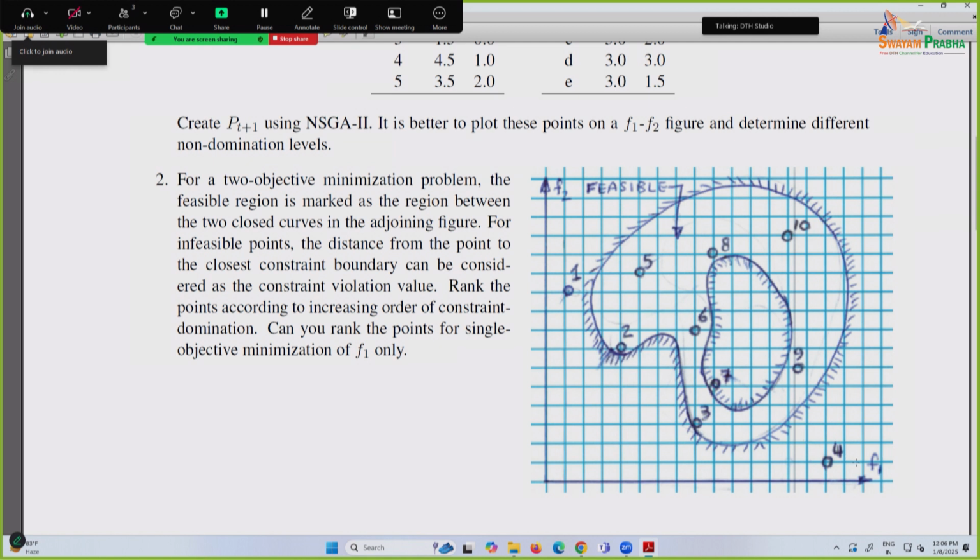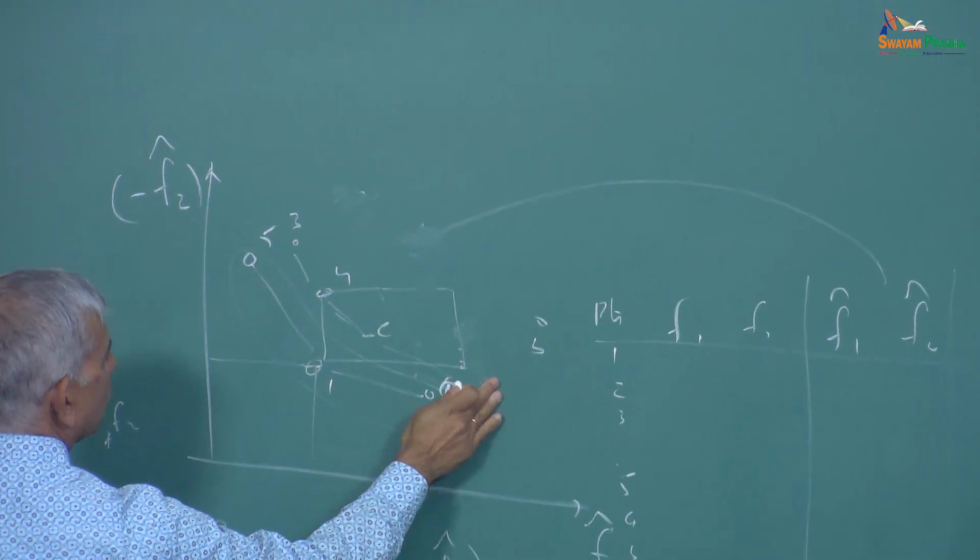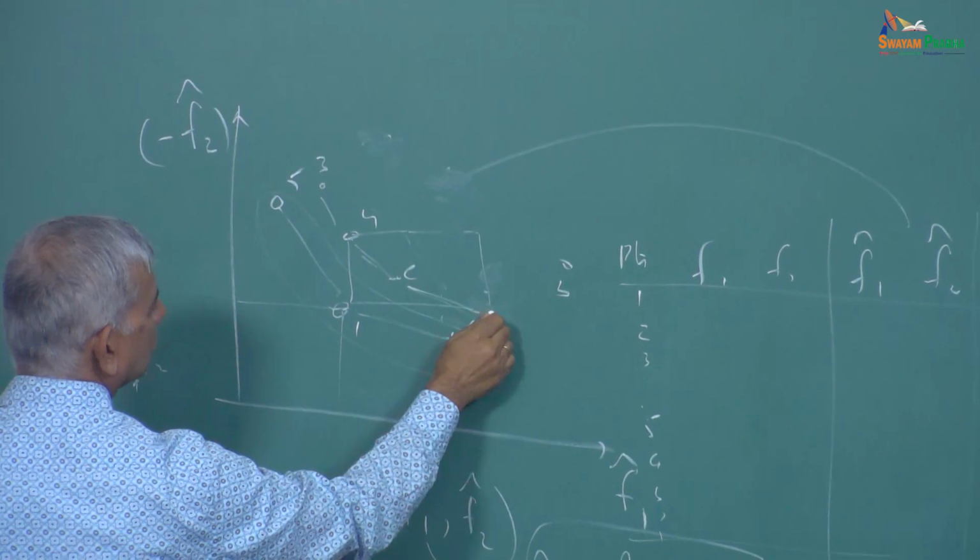Okay, so now you can apply the constraint domination principle and rank them. All the points that are in the same rank, put them in brackets. So if for example I said here 1, 5 and A, and I rank them, other points are not there, 2.